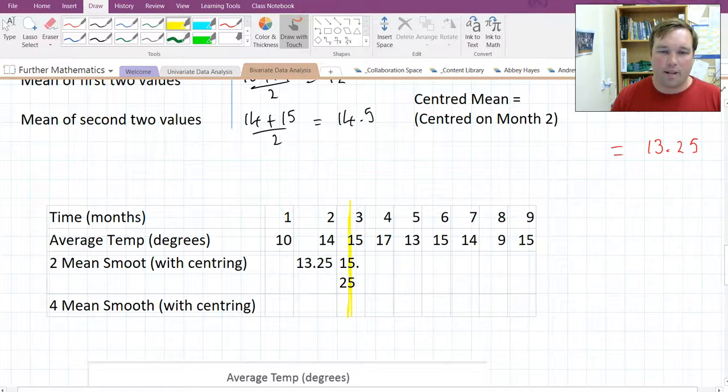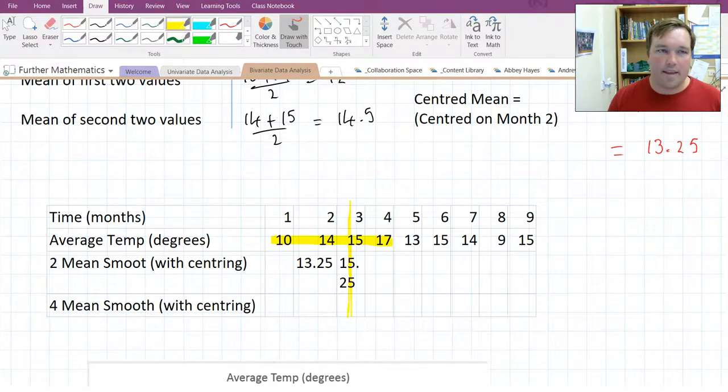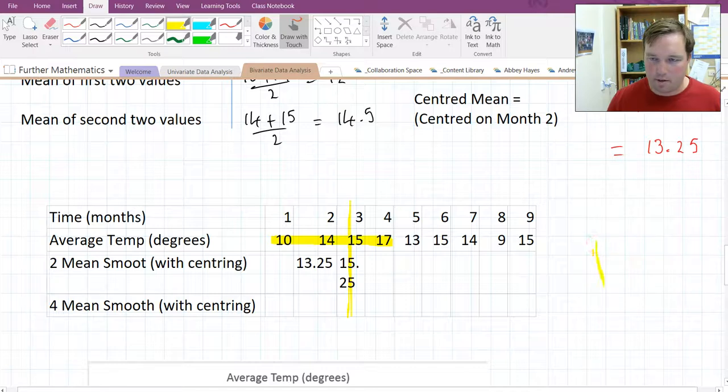To center it on here, we take the average of all of these. So, that is 2 before it, 1, and then 1 after. And we find the average of all of them. Give me 1 second. And the average of all of them is 14. So I'm just going to write that over here somewhere, 14, to remind us.